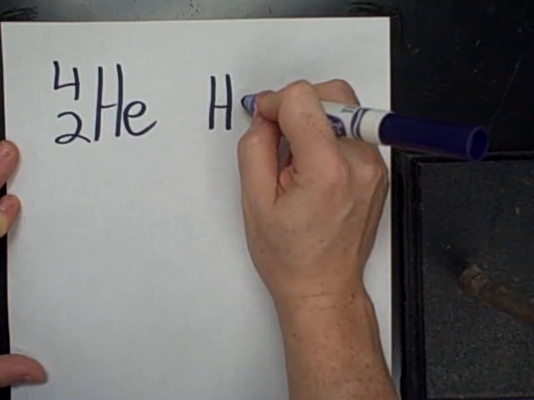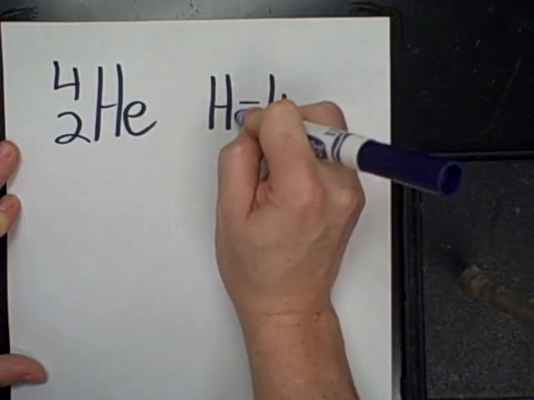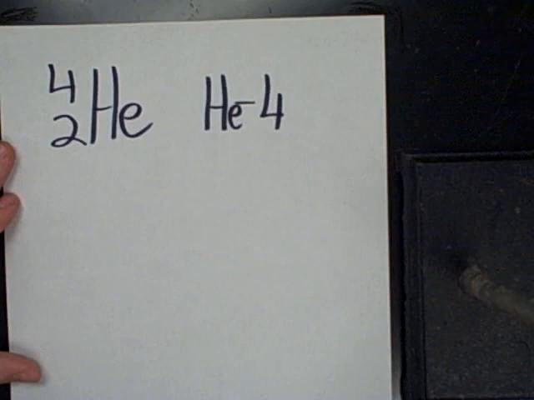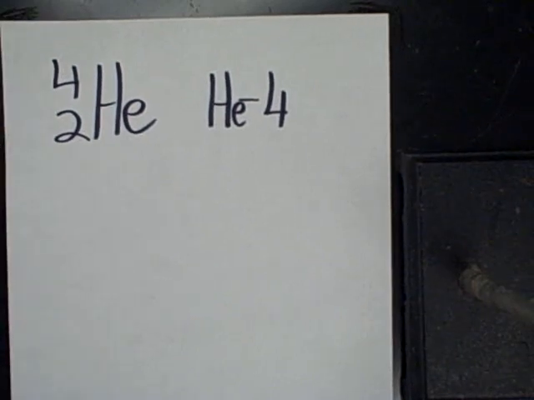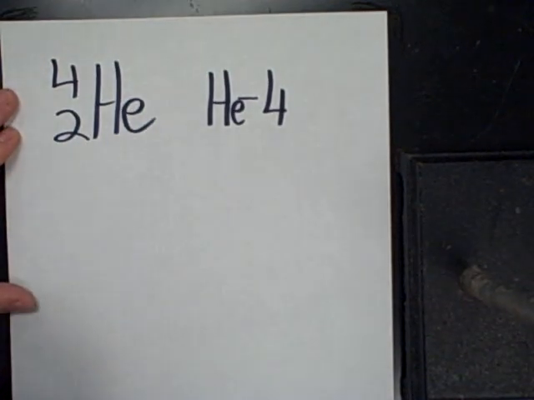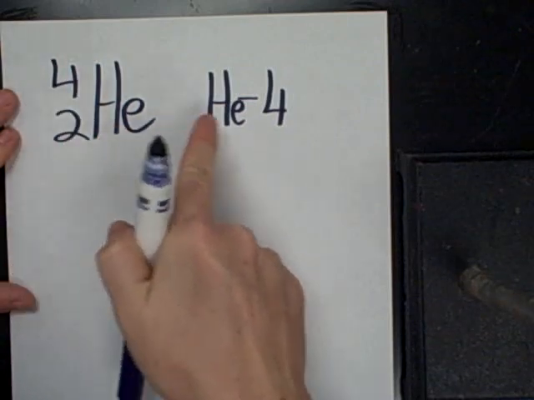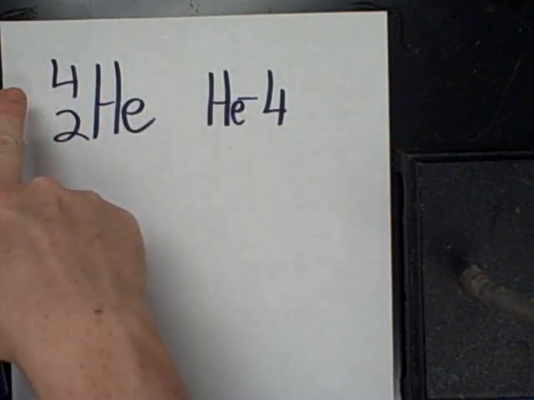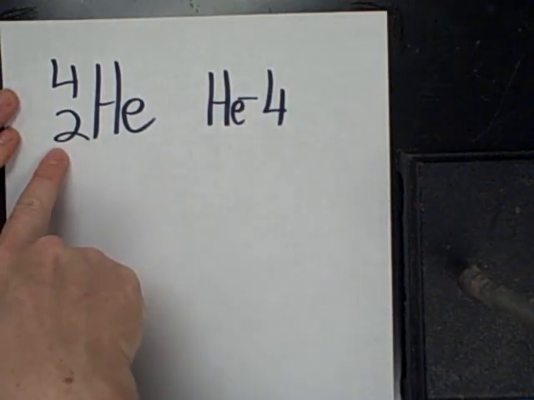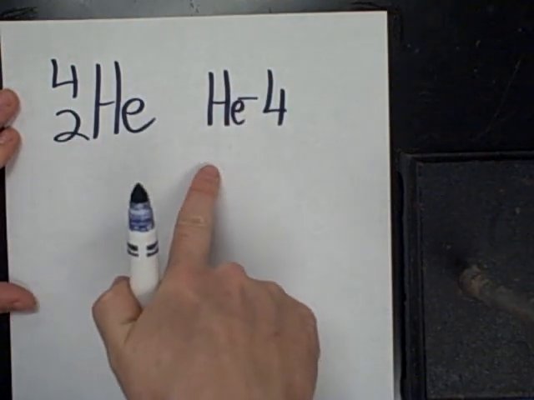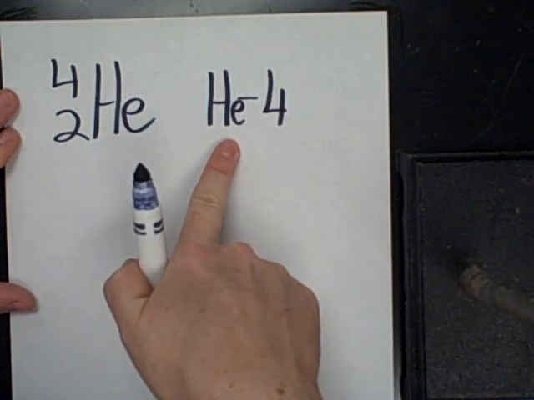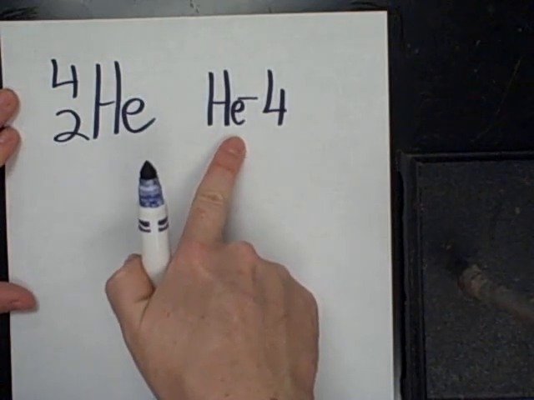Here is the isotope symbol. So they're both telling us the same thing: helium with a mass of 4. In the nuclear symbol, they also give us the atomic number. In the dash symbol, they don't give us the atomic number because you can look that up on the periodic table.